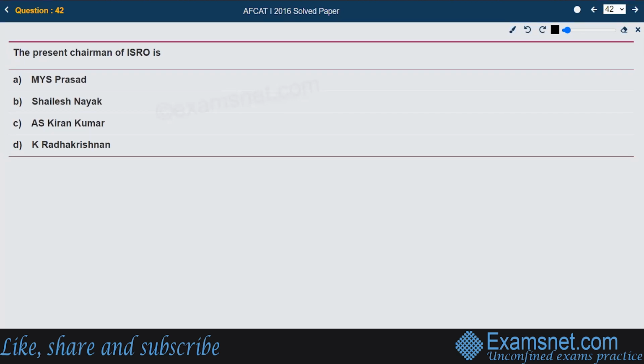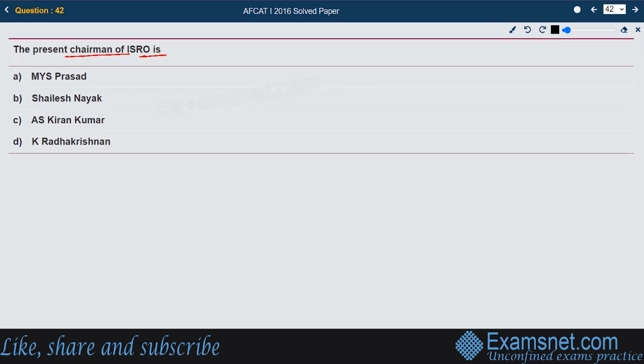So the question is, the present chairman of ISRO is, see, this is a 2016 paper. So at that point of time, the chairman of ISRO was Mr. A.S. Kiran Kumar. So that is the right answer, option C. If you have the knowledge of the present ISRO chairman, under the leadership of whom Chandrayaan-3 was launched in 2023, then the present chairman of ISRO is Mr. S. Somnath, and he is the 10th chairman of ISRO.